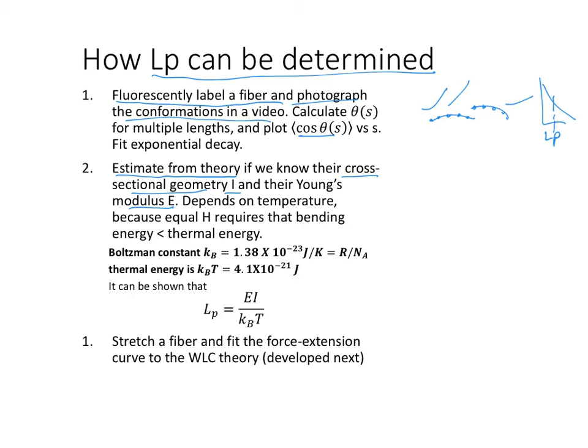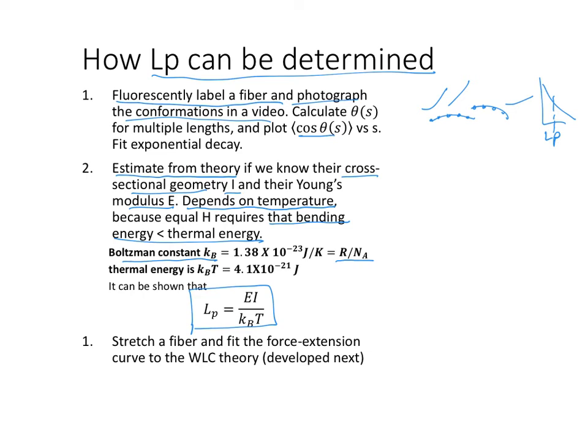And it turns out that the persistence length depends on that flexural rigidity and on the temperature, because the requirement here is that the bending energy is less than thermal energy. So this can be expressed as this equation, that the persistence length is the flexural rigidity divided by kBT, where kB is the Boltzmann constant, which is just R, the gas constant, divided by Avogadro's number.